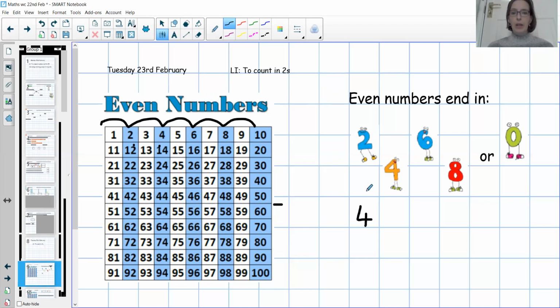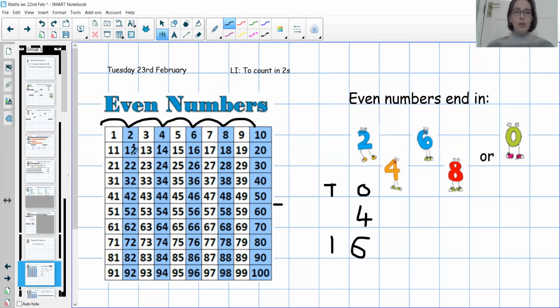That tells us how many ones there are. Other digits, like 16, have 2 digits. They've got a number that tells us how many tens and then another digit that tells us how many ones. So in 16, there's 1 ten and 6 ones.